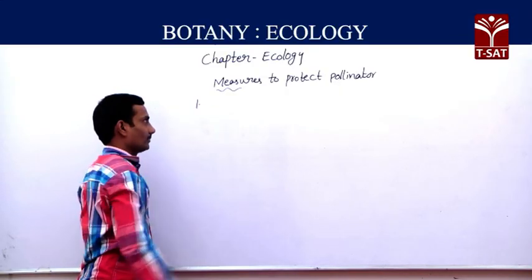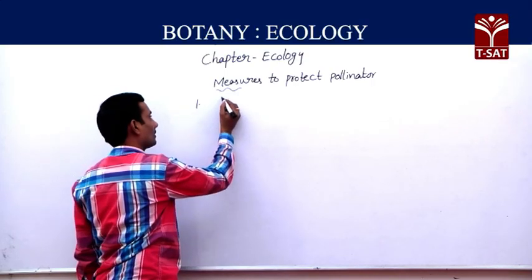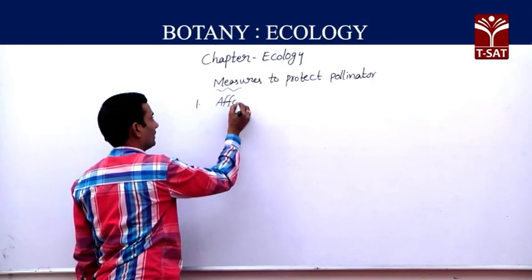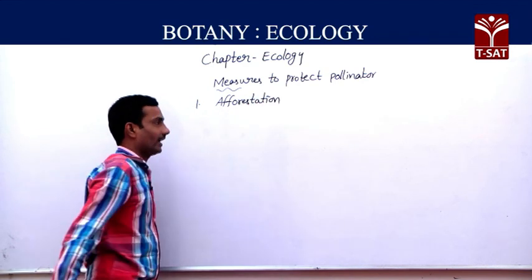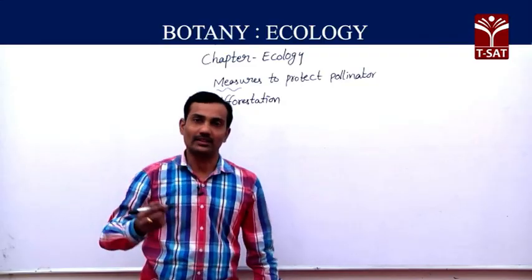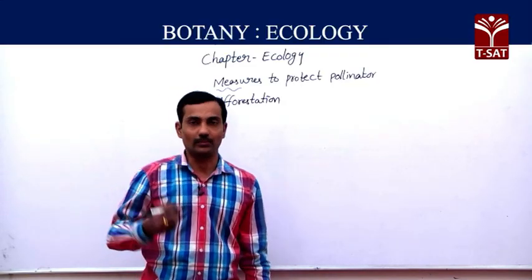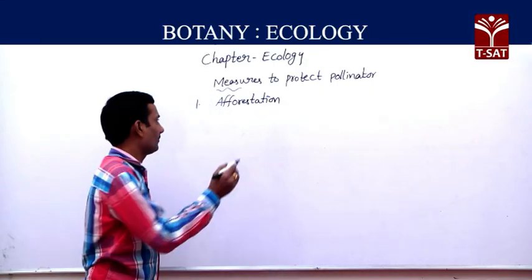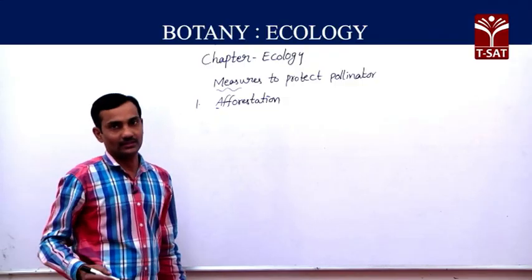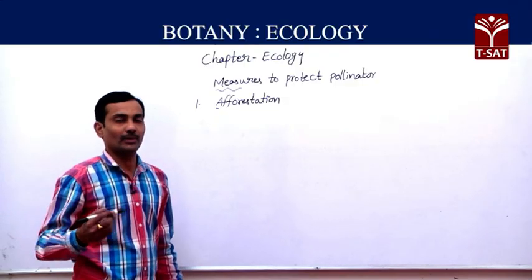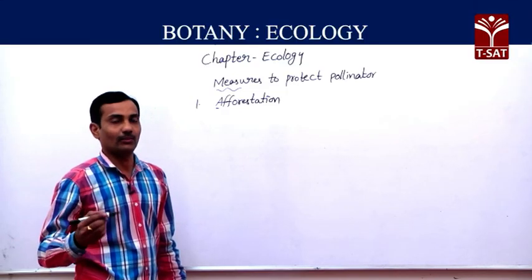Mainly, first we have to participate in afforestation programs. Afforestation is nothing but growing different types of plants in different places. So we have to implement afforestation programs. We have to grow the maximum number of trees in different places wherever there is no plant community.